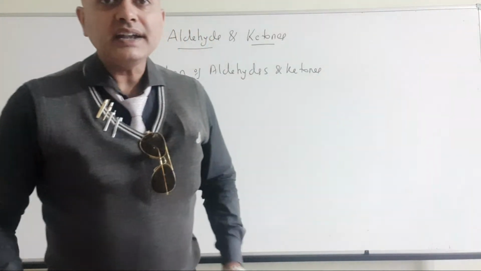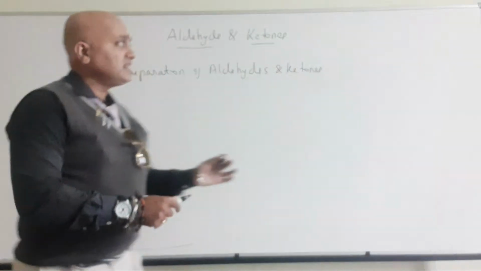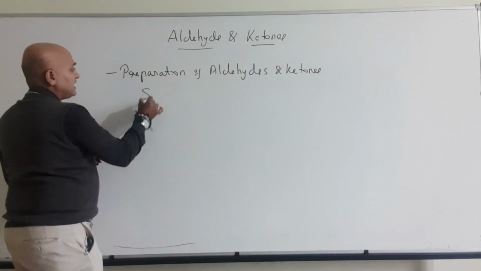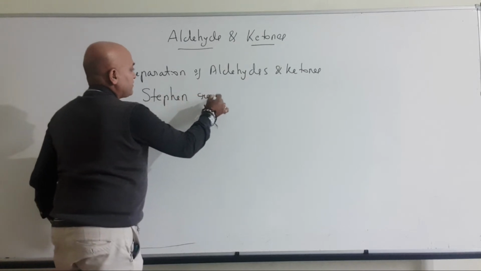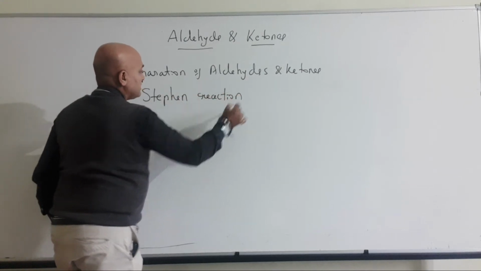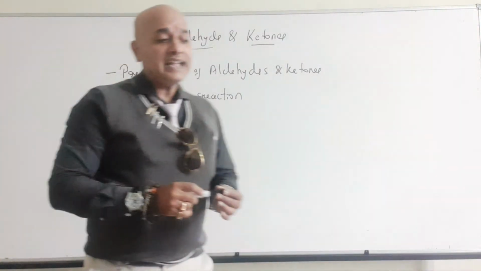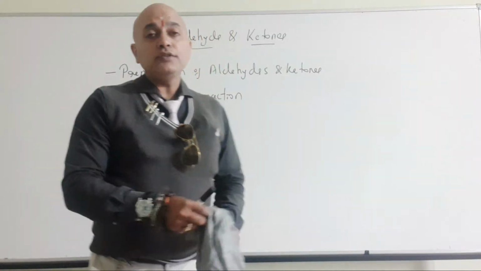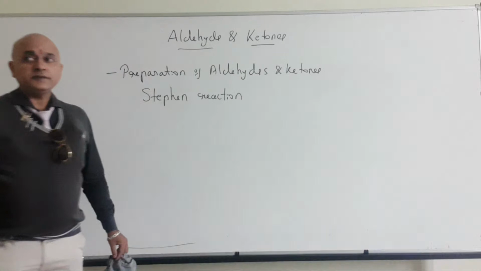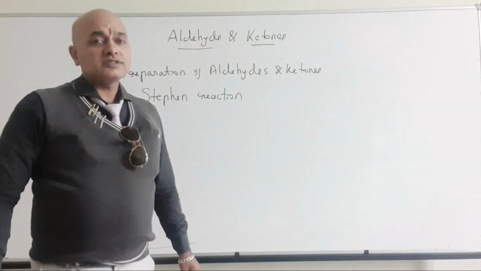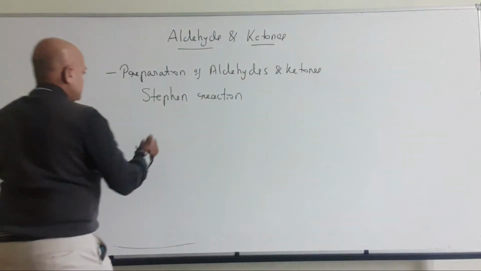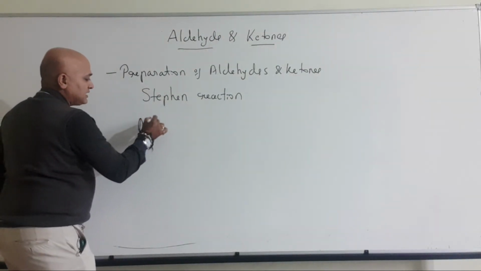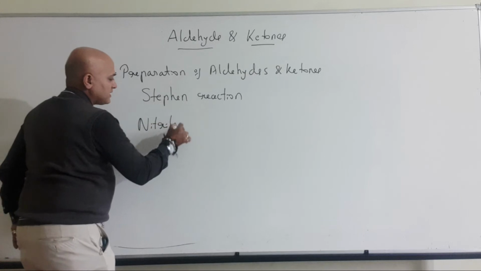Then, as you people told, we have discussed the Stephen reaction. So which are those reactants which will be used in the Stephen reaction? Nitriles. Very good, Archit. So it will be nitriles.